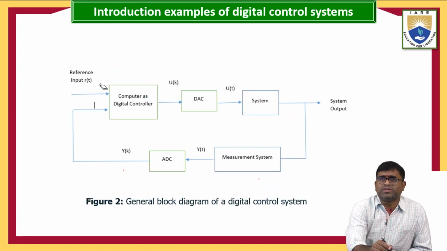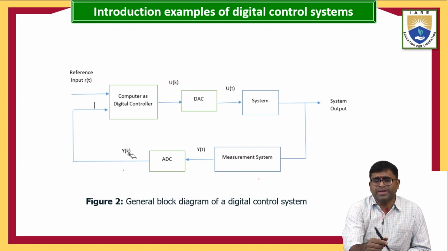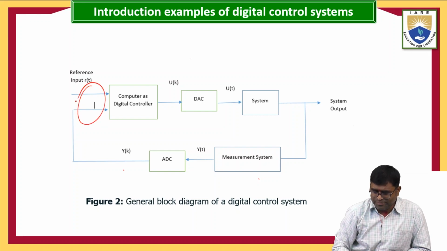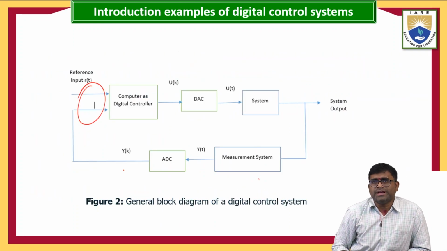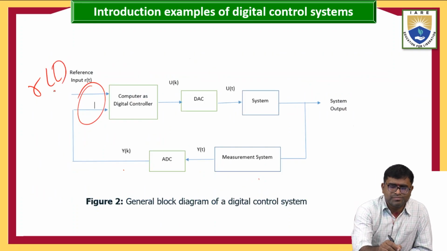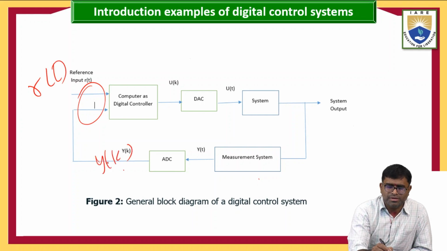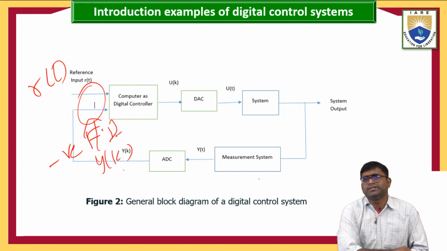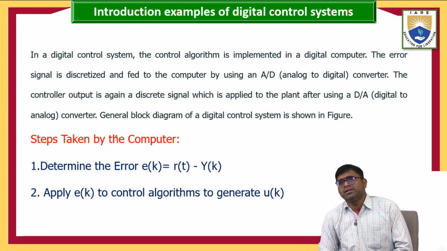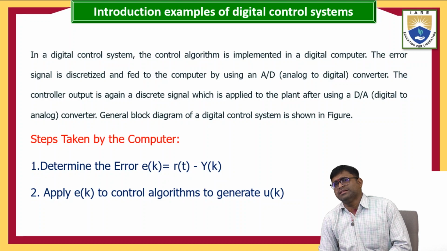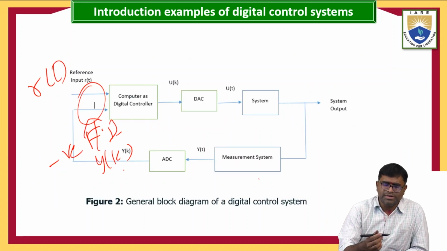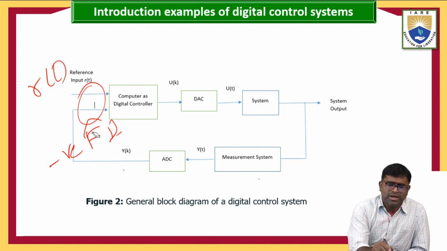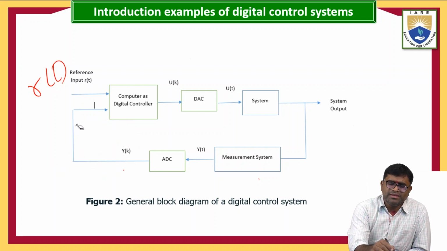E of K equals R of T minus Y of K. We take the minus because it is a negative feedback. So here we determine the error, E of K equals R of T minus Y of K.